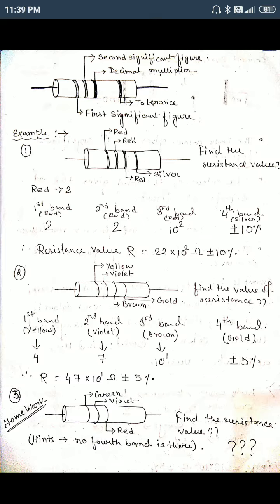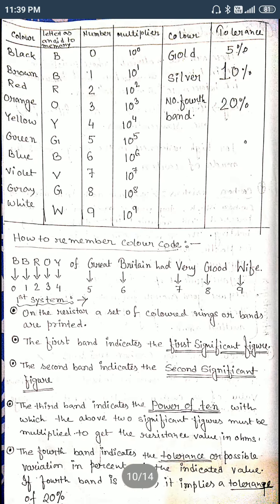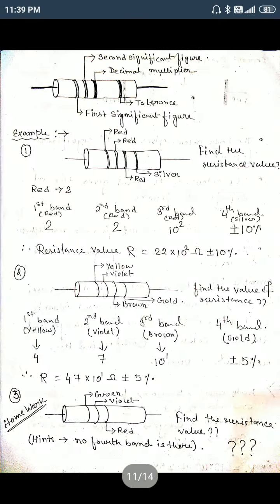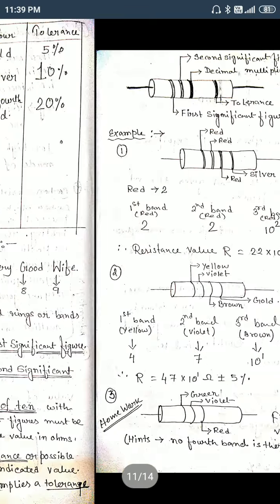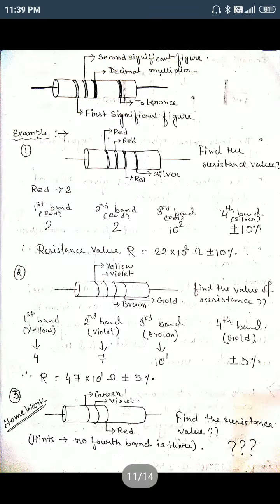Second example: first band is yellow, second band is violet, third band is brown, and fourth one is gold. Find the value of resistance. So first band is yellow, yellow means 4. Violet is 7. Third band is a multiplier.